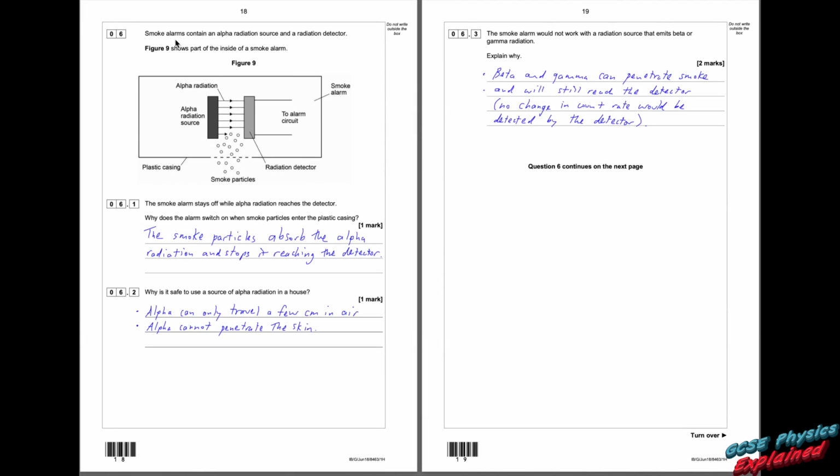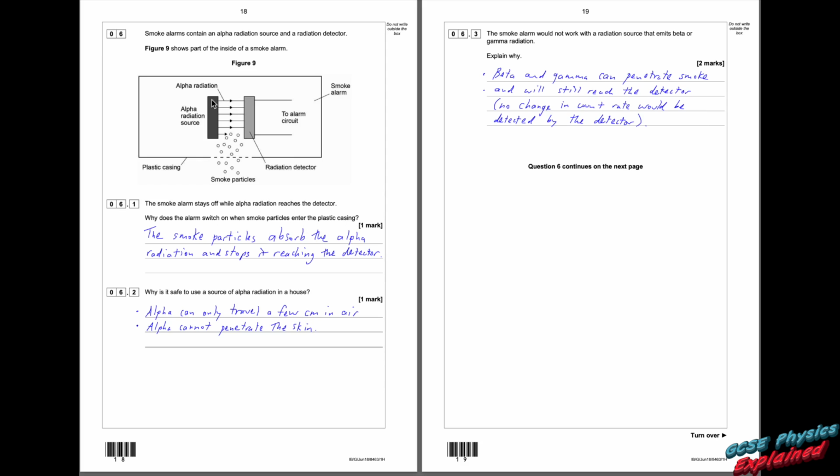Question 6. Smoke alarms contain an alpha radiation source and a radiation detector. Figure 9 shows part of the inside of a smoke alarm. The smoke alarm stays off while alpha radiation reaches the detector. Why does the alarm switch on when smoke particles enter the plastic casing?